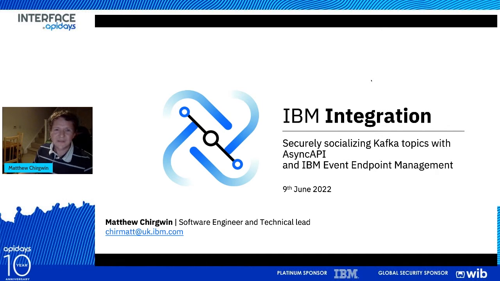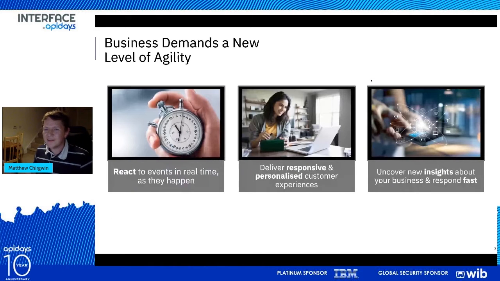First, a little bit of background and context. Regardless of the industry and the application, there's been a huge drive and demand for event-driven architectures and applications to address and solve and provide new experiences to customers and to drive new insights into existing business.